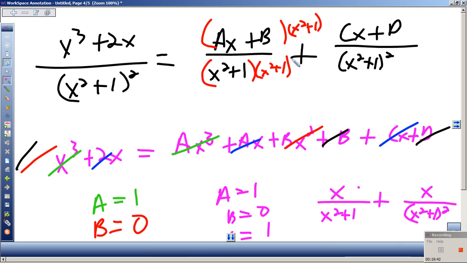If it wasn't squared here, like if this was just x squared plus 1 instead of x squared plus 1 squared? Are you talking over here? Yeah. Then because we can't factor it, there's nothing else we'd be able to do.